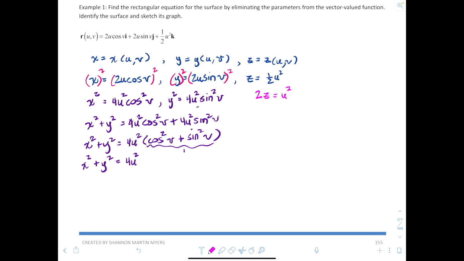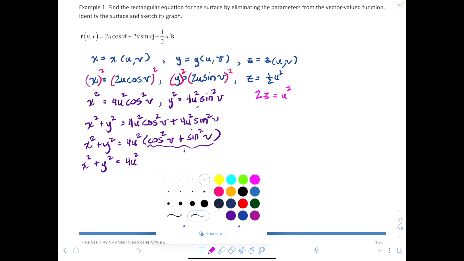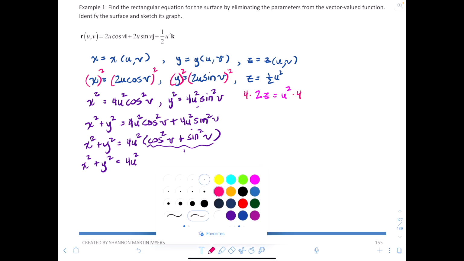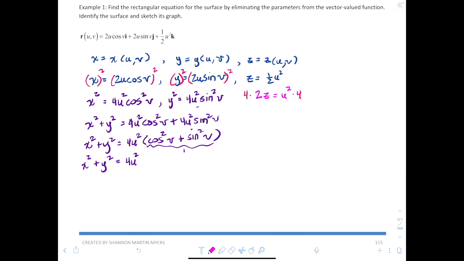So I know that x squared plus y squared is equal to 4u squared, right? If I multiplied both sides by 4 when working with my z, I would have 8z is also equal to 4u squared.